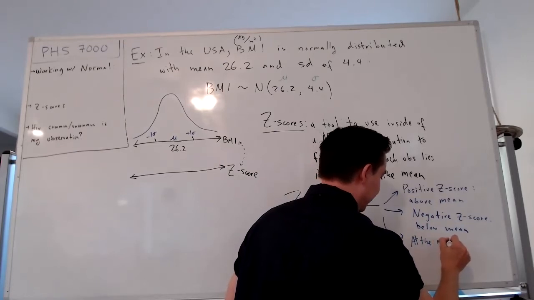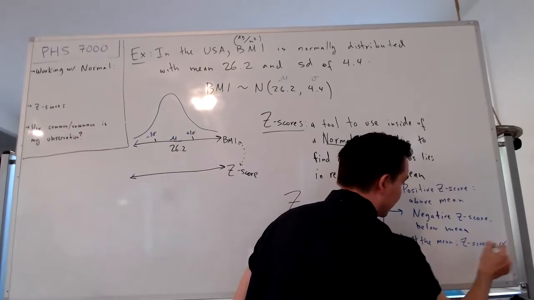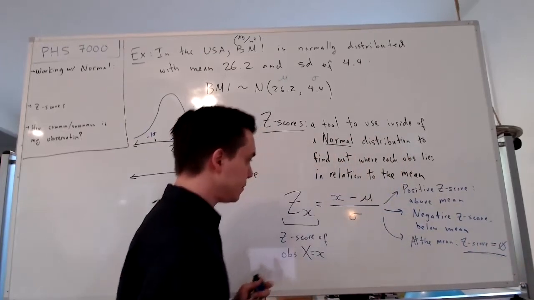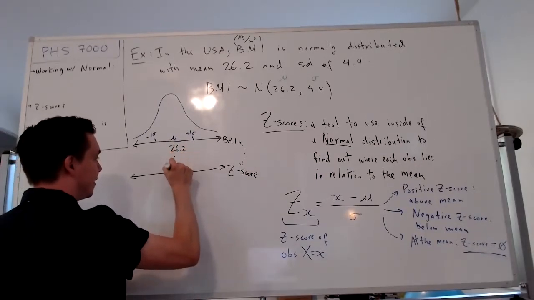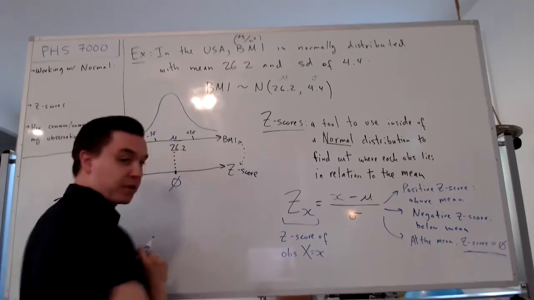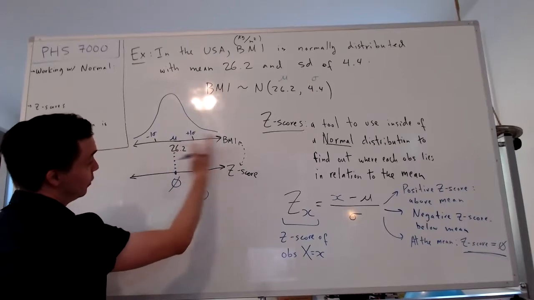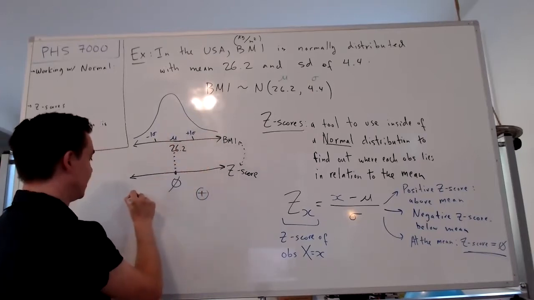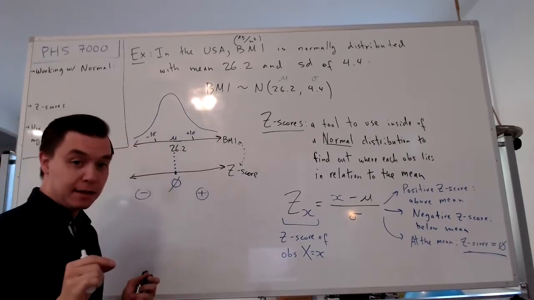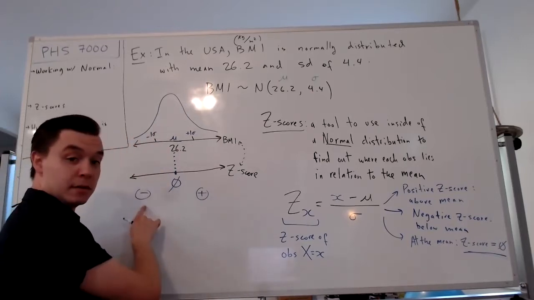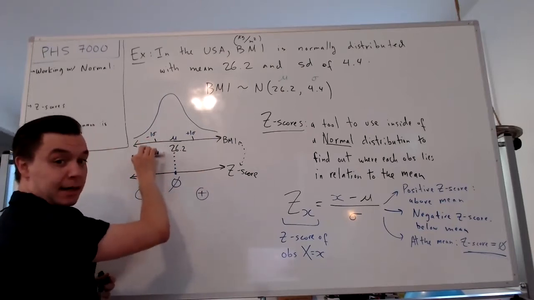At the mean, Z-score equals 0. So right underneath here, I can put a 0. And then we have positive numbers on this side when BMI is above the mean. Negative numbers on this side when BMI is below the mean. Not that BMI is negative, but the Z-scores associated with these BMIs are going to be negative.